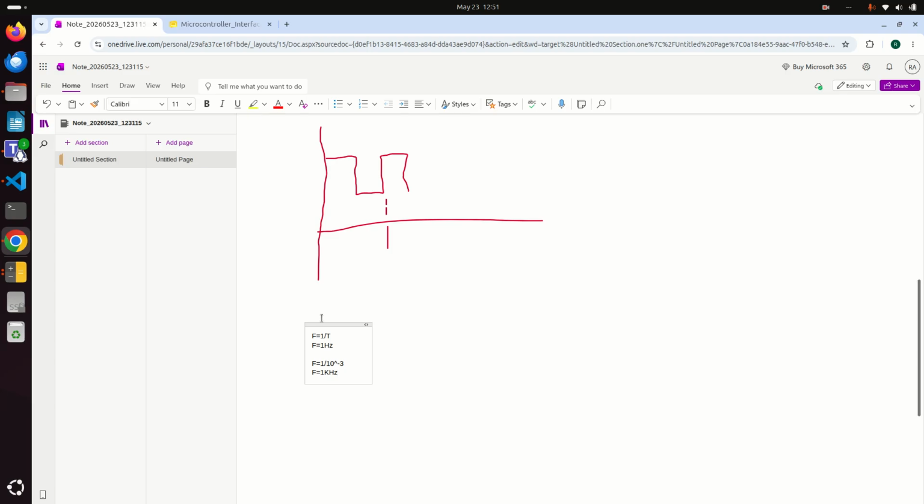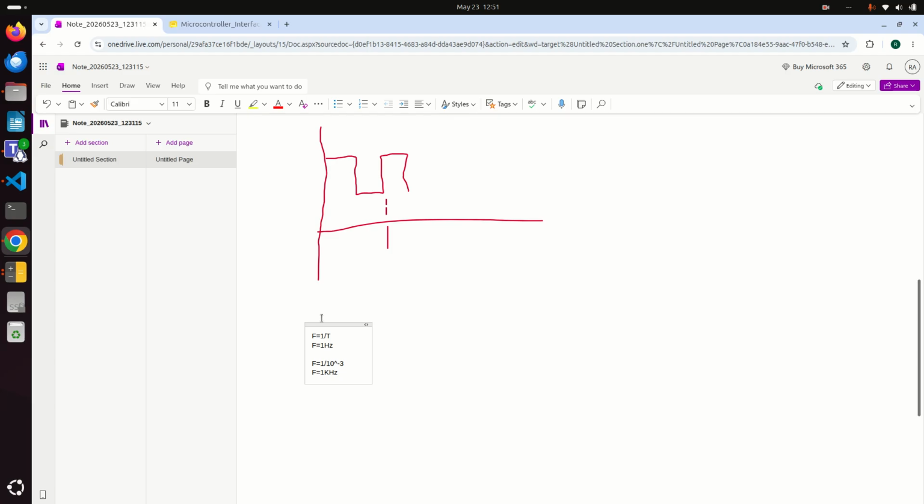Frequency is 1 kilohertz. If you generate a pulse every 1 second, then what will happen? That is toggling. But here we got a frequency of 1 kilohertz. So now what will happen?